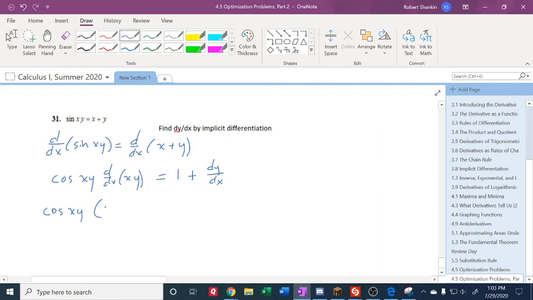So it's the first times the derivative of the second plus the second times the derivative of the first, which is just 1. So then I get rid of the parentheses. When I multiply these out, I'm going to put the x up front. And put the y up front.